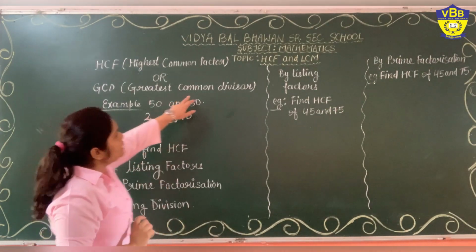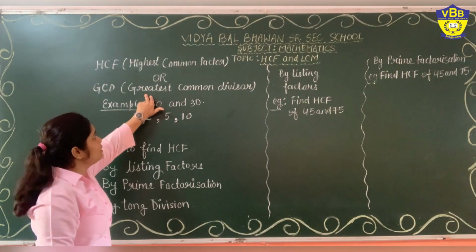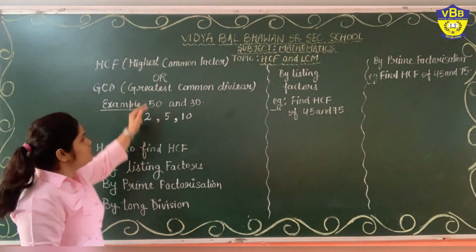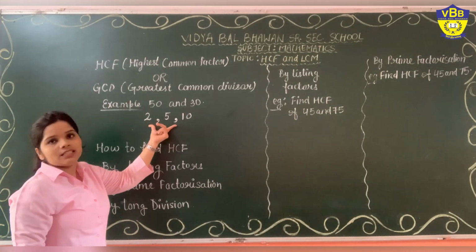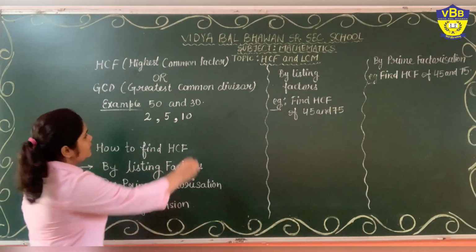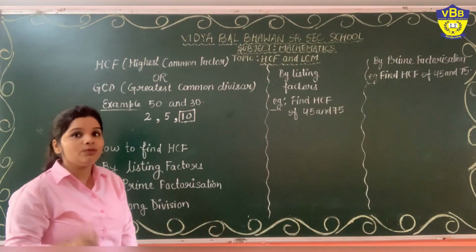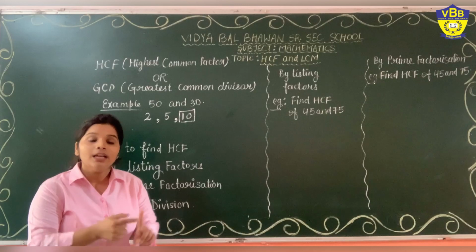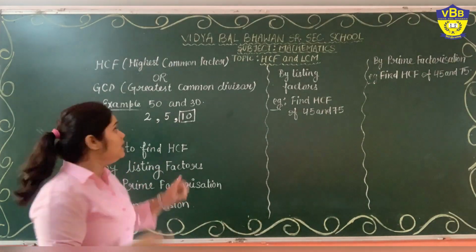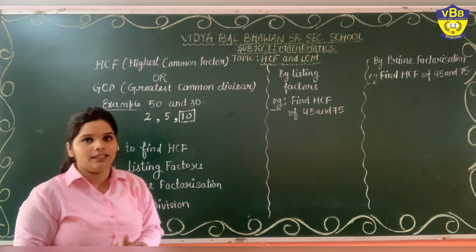But with this common divisor, a word is added, that is greatest. So among these three numbers, which one is the greatest divisor? The greatest common divisor is 10. That means we have to find the greatest number which will divide the given numbers exactly.